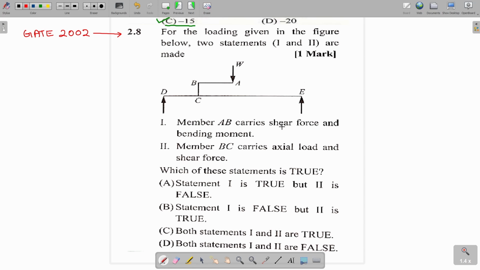For the load given in the figure shown below, two statements 1 and 2 are made. Statement 1: member AB carries shear force and bending moment. Statement 2: member CB carries axial load and shear force. So which of the statements are true and false? Either both true, both false, one is true and two is false, or one is false and two is true.